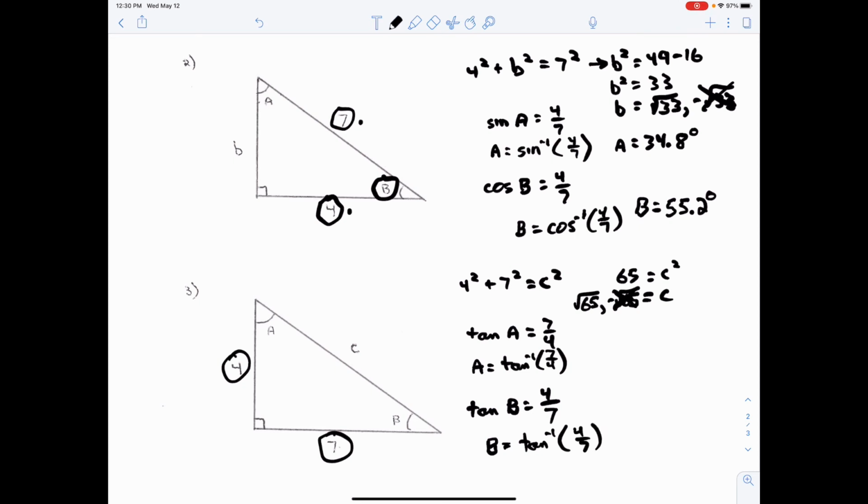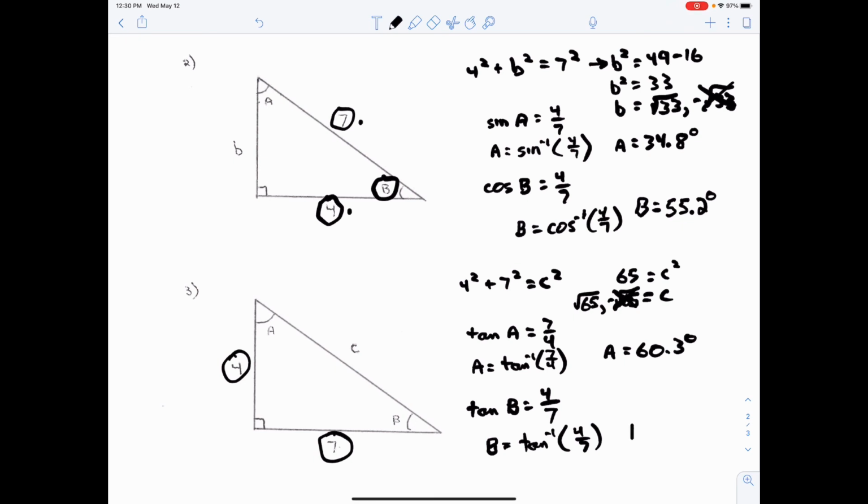So for angle A, we take the inverse tangent of 7/4, which is 60.3 degrees. And for B, we take the inverse tangent of 4/7, which is 29.7 degrees.